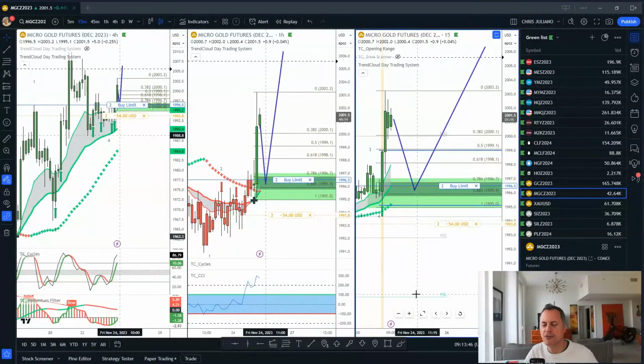Just because it makes sense that you're taking a trade at less than 1%, right? That's our rule. We want to keep it less than 1% of your total current account value, or right at 1%, right? But maybe you're mentally not there.